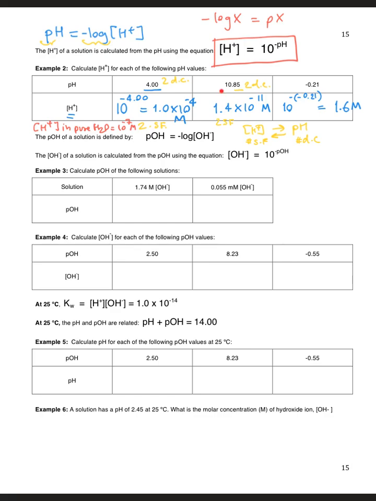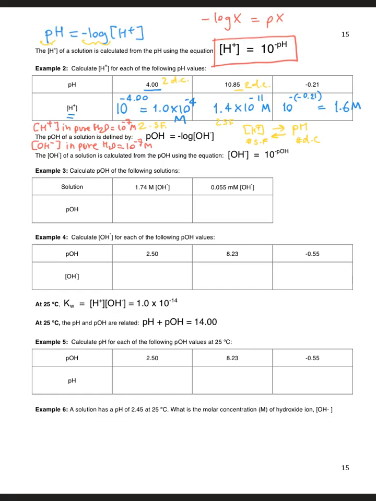Now, if you're looking at the pH of 10.85, this indicates a basic solution. And as you see, the concentration of proton is actually a lot lower than 10 to negative 7, which is that of pure water. Again, because pure water contains both proton and hydroxide ions, the relative amount of these two will tell you the type of the solution. What do I mean by that?